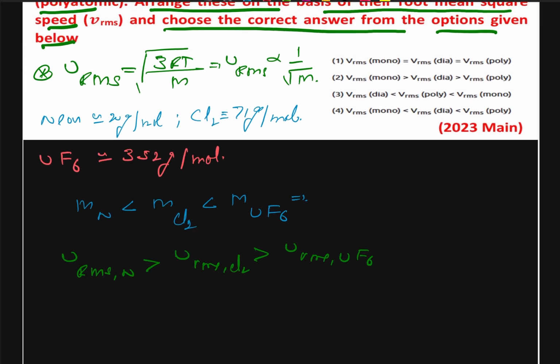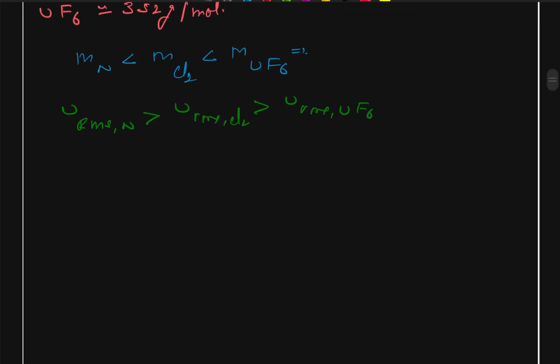Neon is mono, then di, then poly, so option 2 is correct.